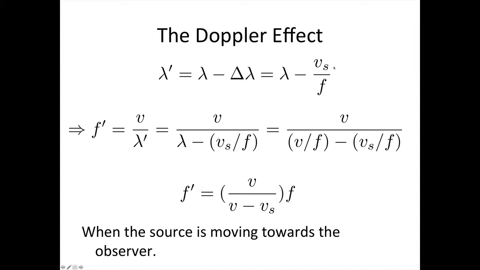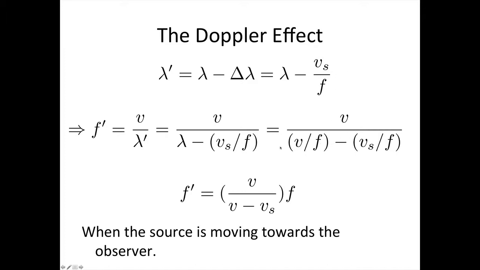So this is the new wavelength here observed by that observer on the bike. So the frequency observed by the observer on the bike is the velocity divided by the new wavelength. The velocity of the sound through the medium doesn't change. And so this is equal to v over lambda minus Vs on f, that's just this one.